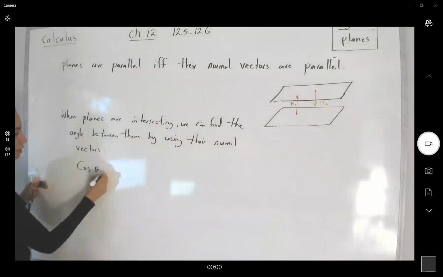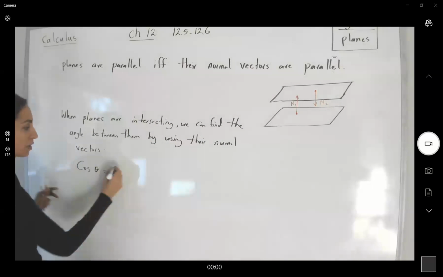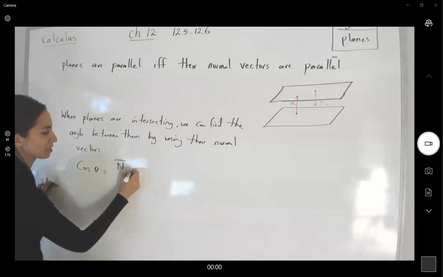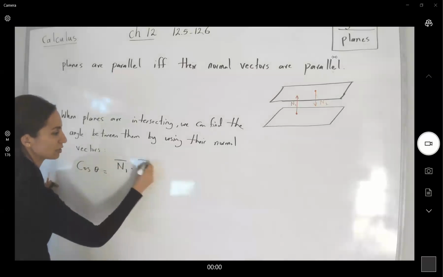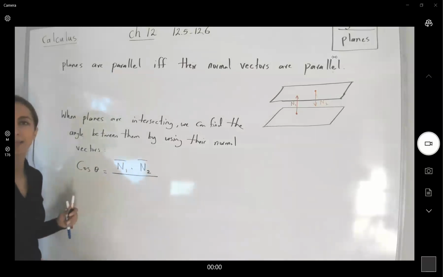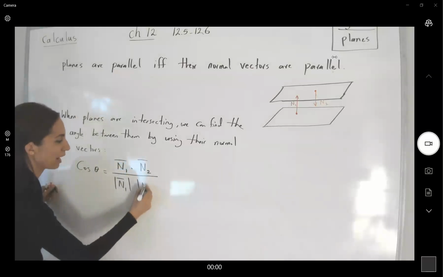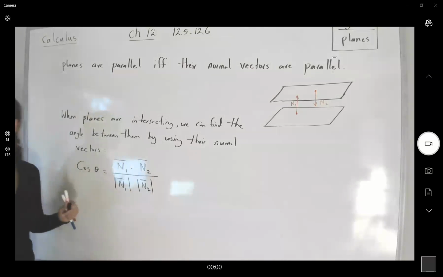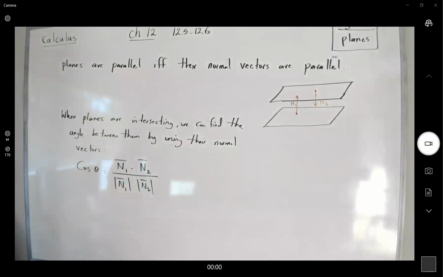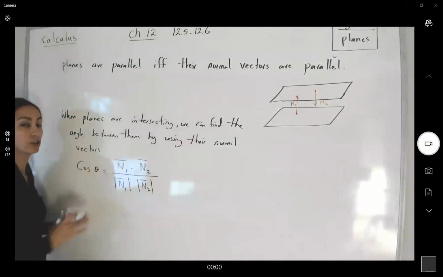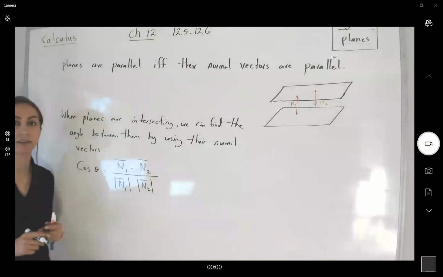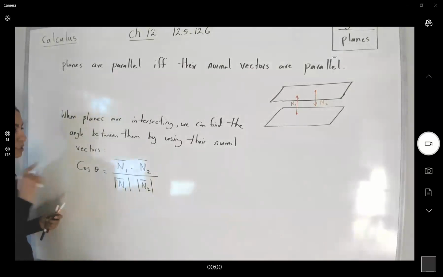Cosine theta is equal to n1 dot product n2 divided by the magnitude of the first vector times the magnitude of the second vector. And we're going to take the smaller angle between these two vectors.